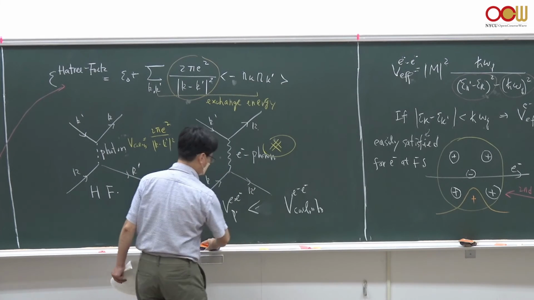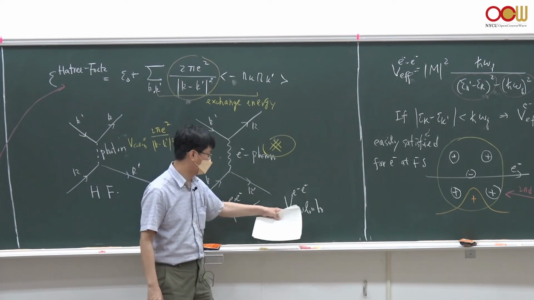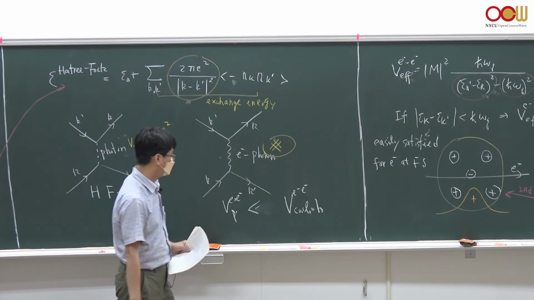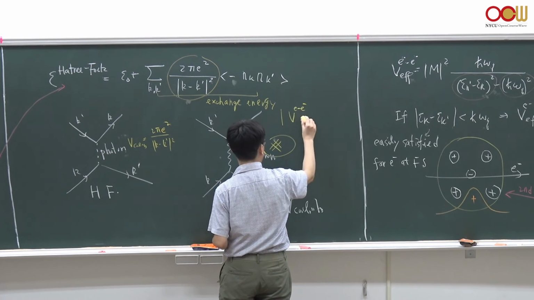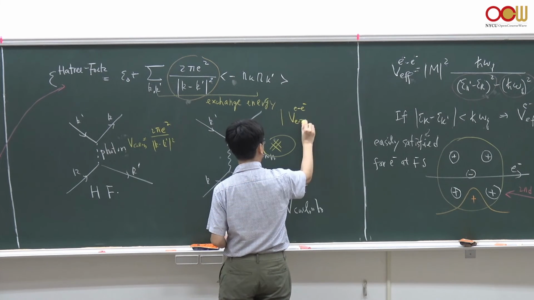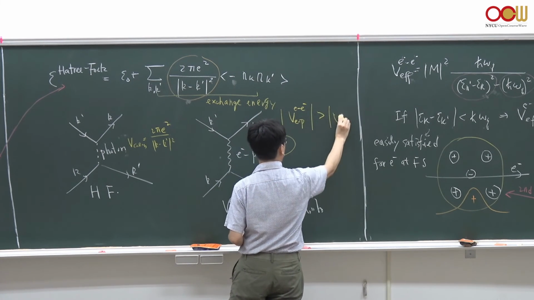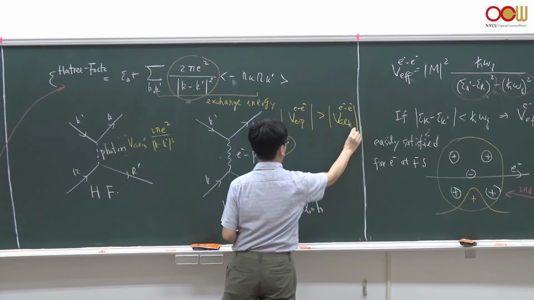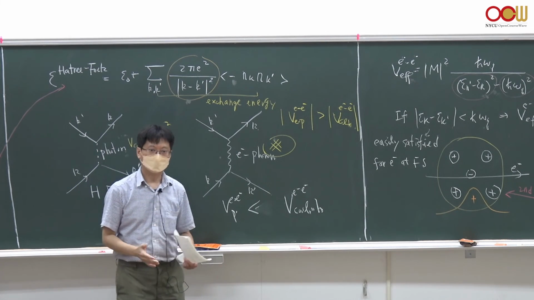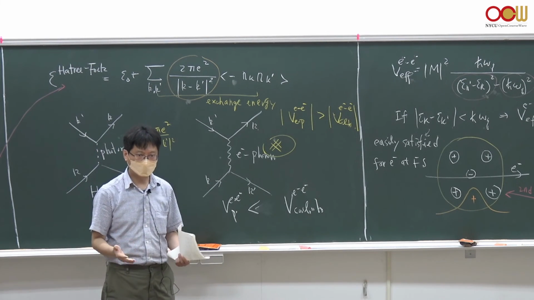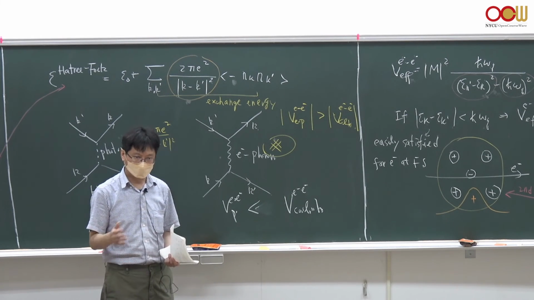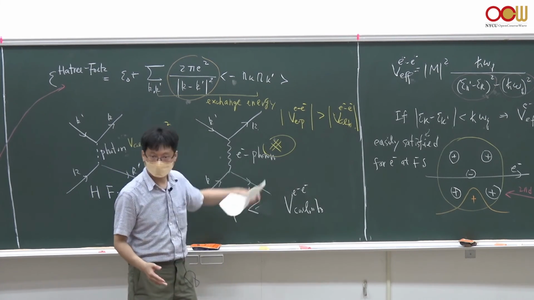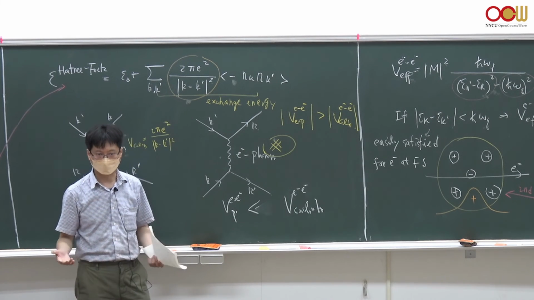So in terms of the absolute value, the electron-electron attraction due to phonons is actually larger than the electron-electron Coulomb repulsion. In other words, in real metals, the electron-phonon induced attraction between two electrons overcomes the repulsive Coulomb interaction between them.